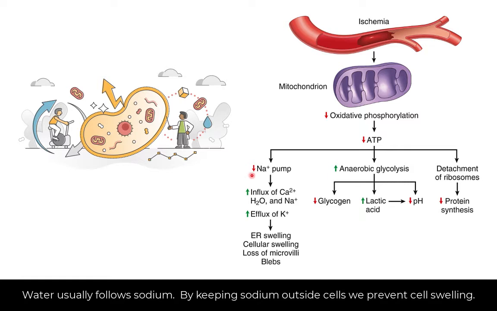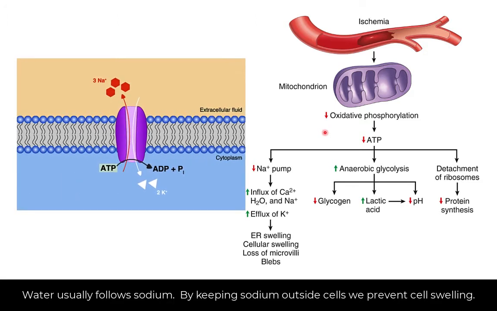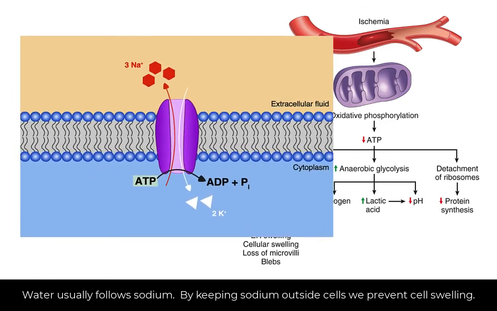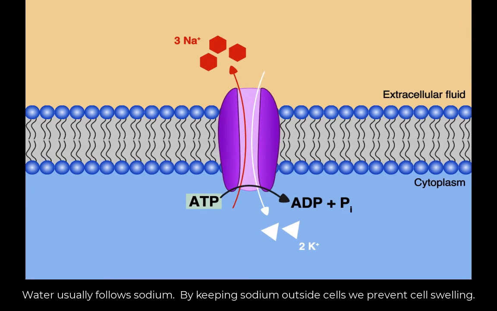What keeps the sodium low, in normal status, inside the cell compared to the outside is what's called the sodium-potassium ATPase. This channel helps get potassium inside the cell and excrete sodium outside the cell.